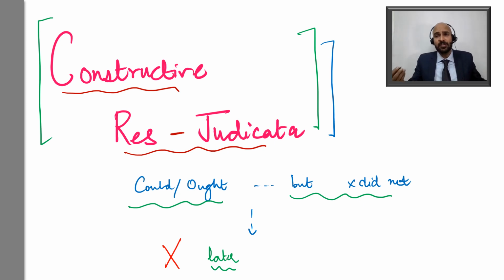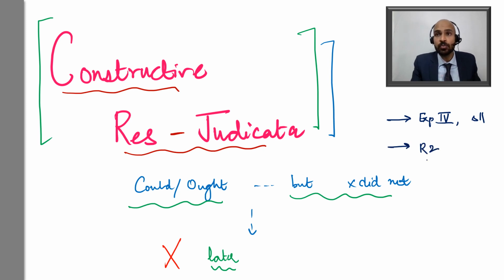You can also in some ways think of this as the rule of estoppel, but it's more appropriately called the rule of constructive res judicata. You can see this in two places in the CPC. The first is in Explanation 4 to Section 11 of the CPC, and you also find it in Rule 2 of Order 2.